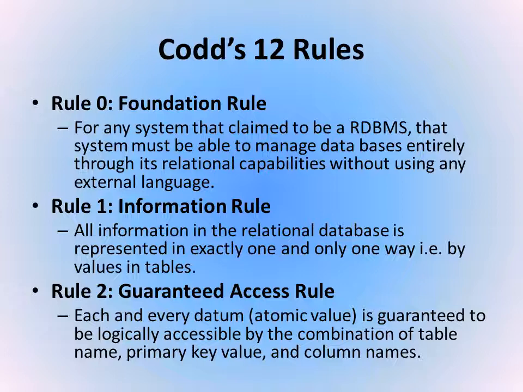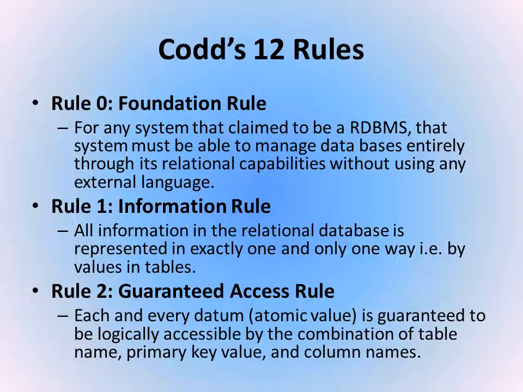Rule 1, that is the information rule. This rule says that all information in the relational database is represented in exactly one and only one way, that is by the values in tables.